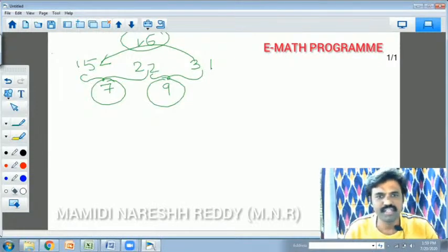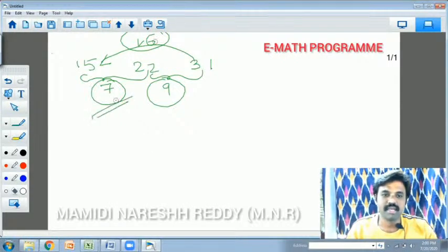In this, we need to take the smallest number. What is it? The smallest number should be taken. So in 7, 9, and 16, the smallest number is 7. And we need to check whether 7 is a common factor of 15, 22, and 31. It is not a common factor of any of the numbers.